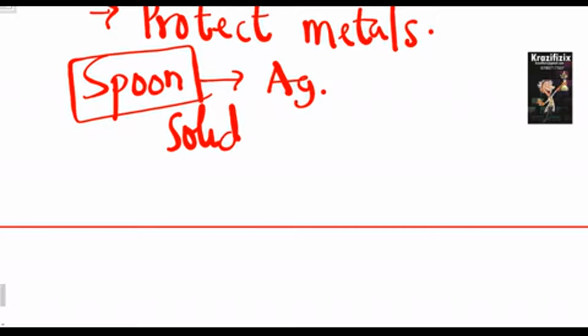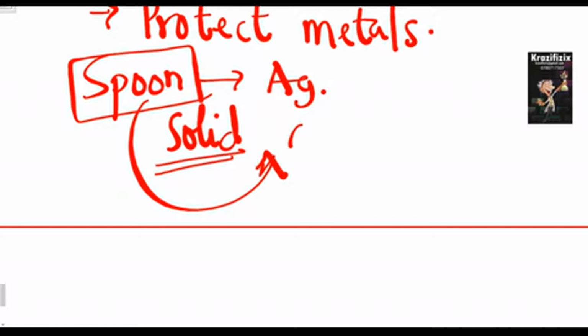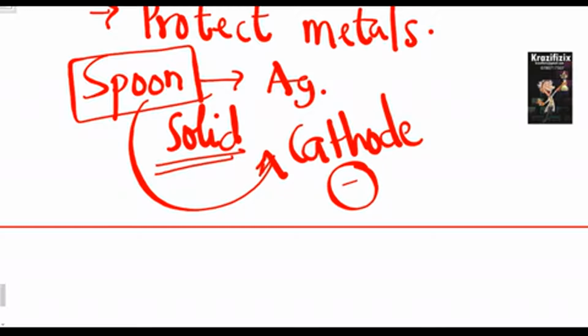Since we want a solid to appear, therefore the spoon must be our cathode, because that is where reduction takes place. The spoon must be connected to the negative terminal of our battery. That is where reduction takes place.